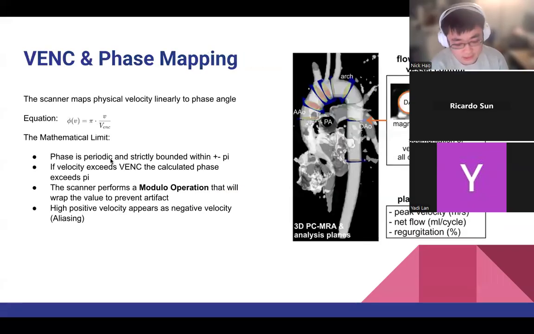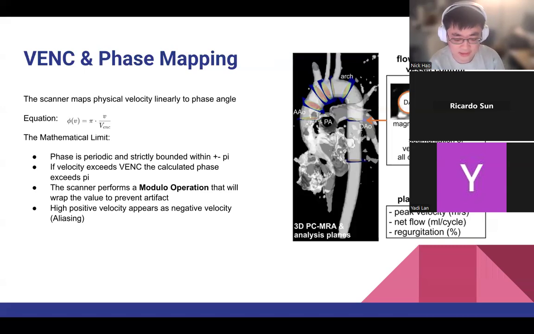We have talked about how phase is proportional to velocity. The slope of the linear relationship is determined by the VENC. As the equation shows, VENC is the speed limit, mapping the physical velocity to the MRI phase angle, but there's a strict mathematical limitation. Phase is periodic and strictly bounded between negative pi and positive pi.